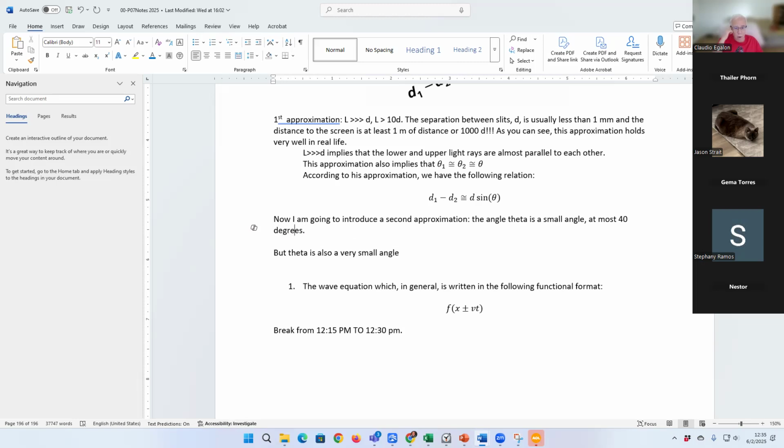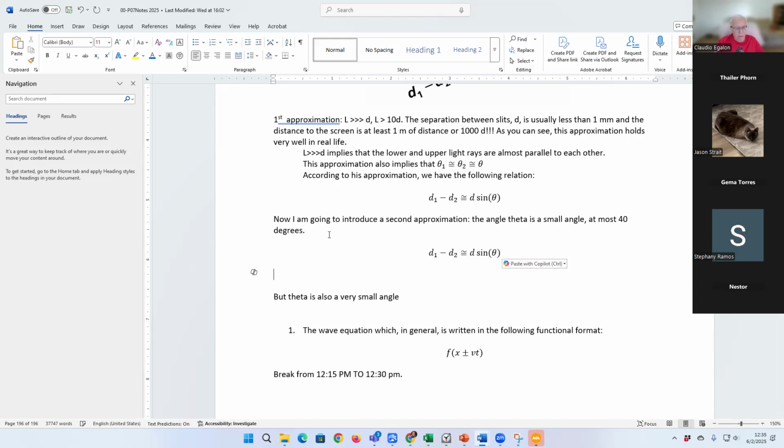When we have a small angle approximation, under the circumstance, the sine of theta is approximately theta.